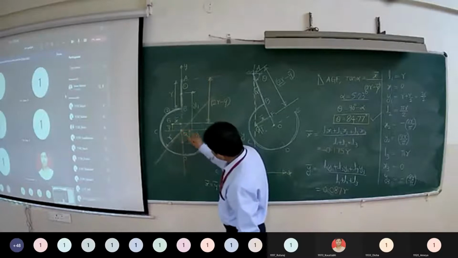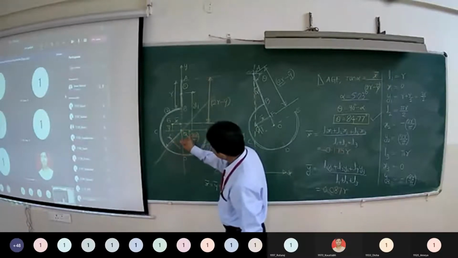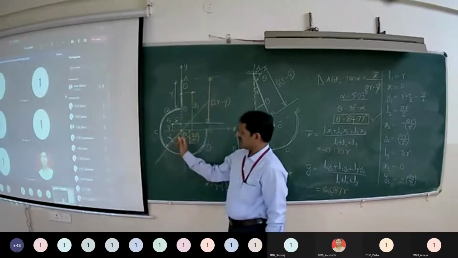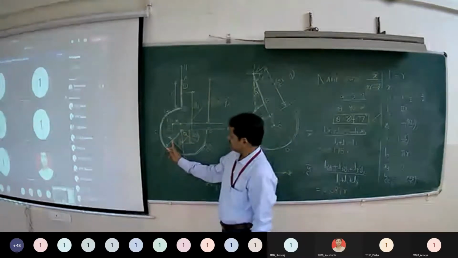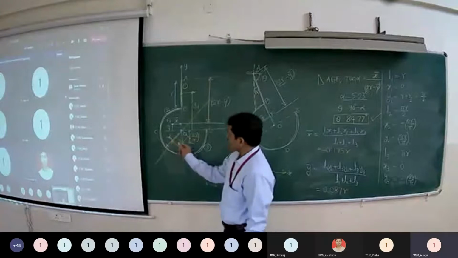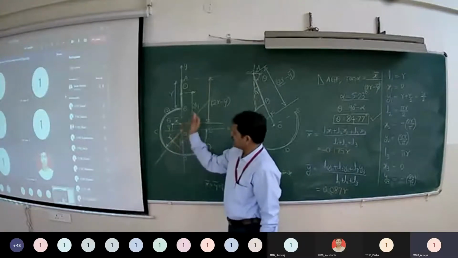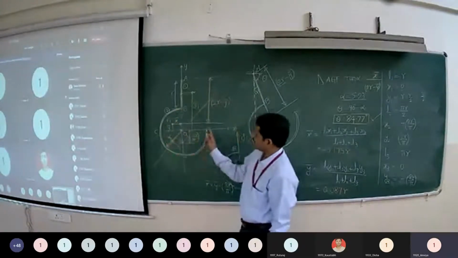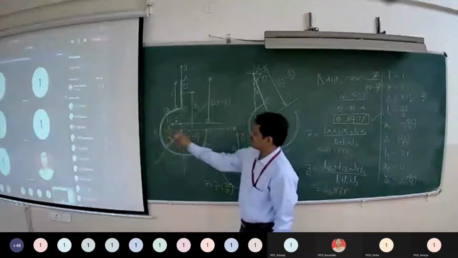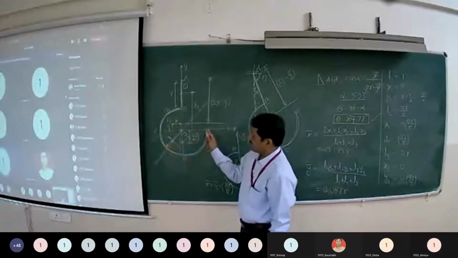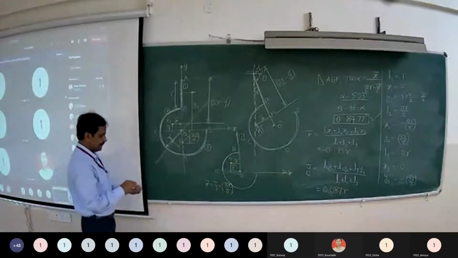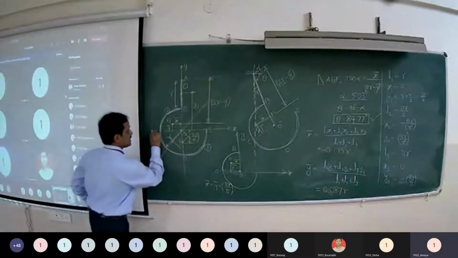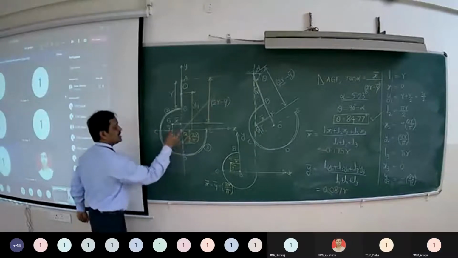Its distance from center of the circle is x bar, that is r sine alpha upon alpha. Right? And then you have to calculate by taking the moment of this arc about x-axis. So it is length of the arc into distance of centroid from x-axis. So you have to find out this distance.